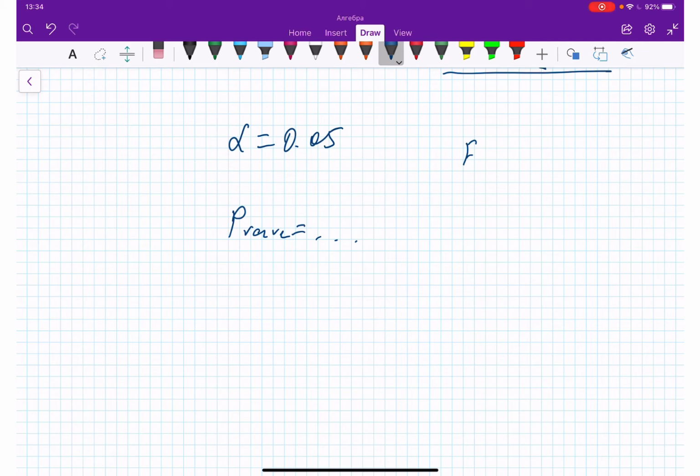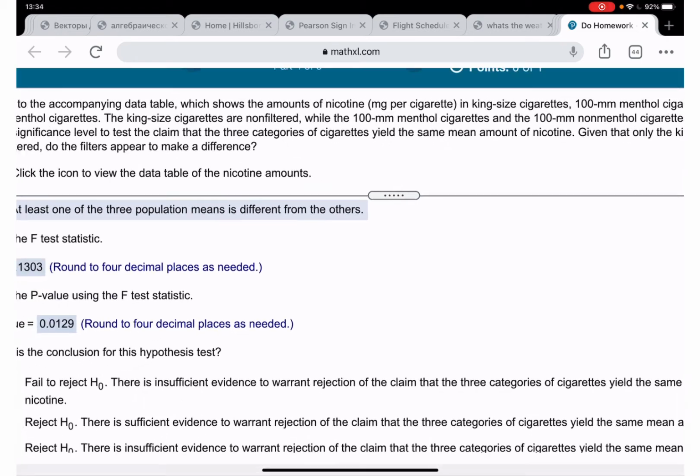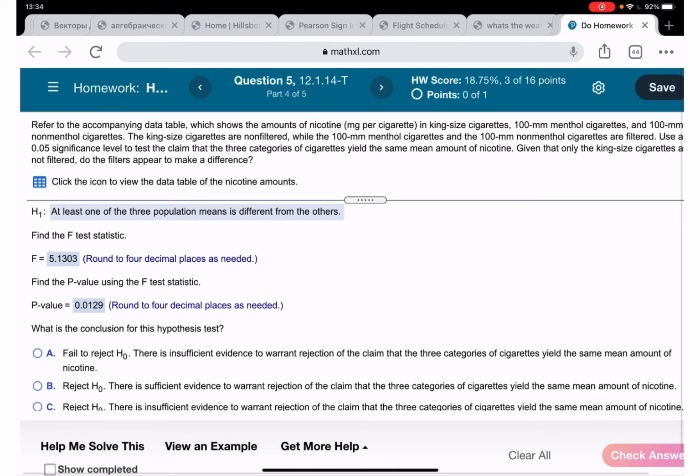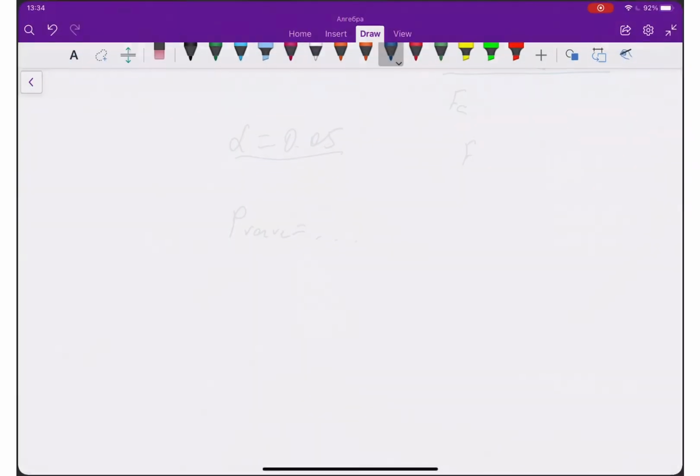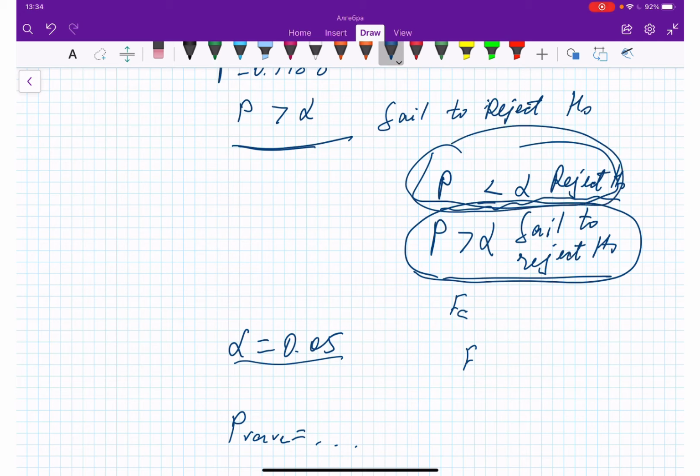I can find F critical through alpha and the table, based on degrees of freedom, but the sample size is not given, so we just stick to our p-value, and it's the same way. If the p-value is greater than alpha, we fail to reject the null hypothesis. If the p-value is less than alpha, we reject the null hypothesis, and our claim is the null hypothesis, by the way.